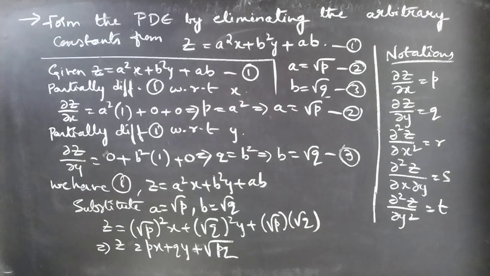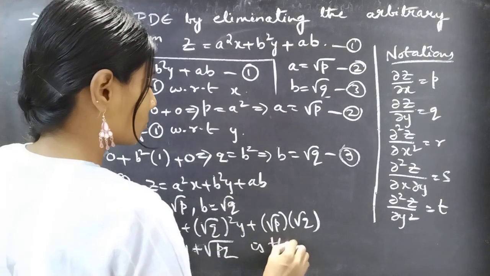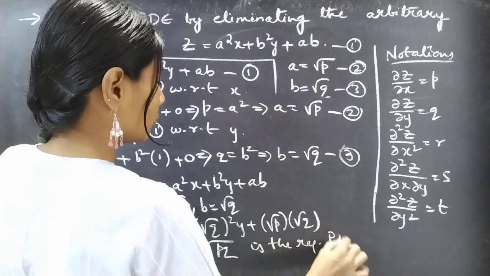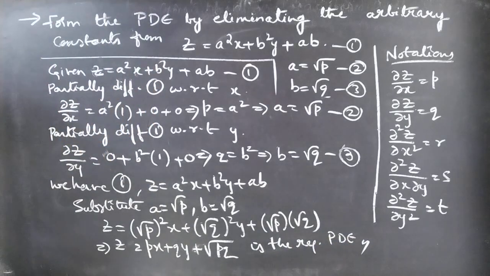That is z equal to px plus qy plus square root of pq is the required partial differential equation, which completes the problem. So it does not involve any arbitrary constants.